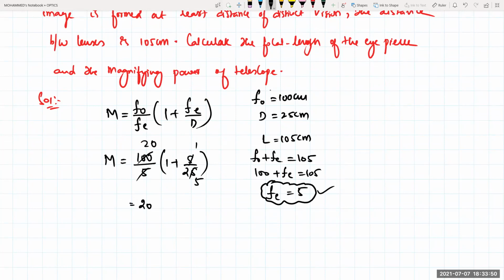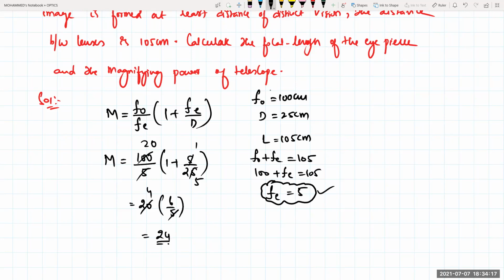So 20 into 6 by 5 is 4 into 6, which is 24.